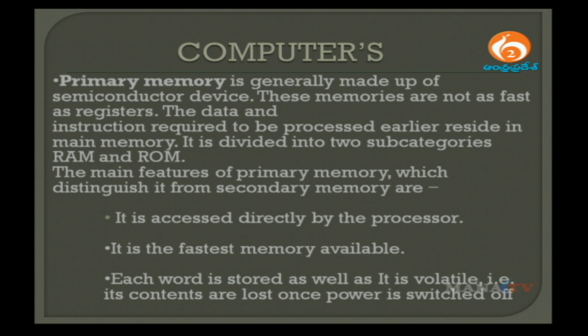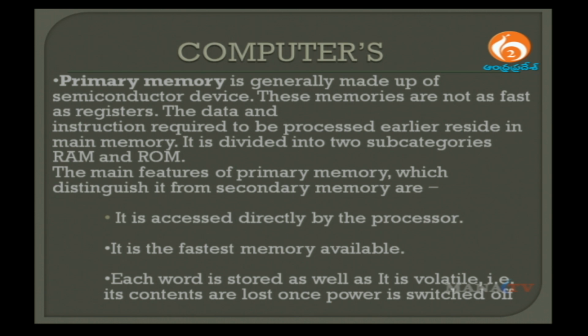If you can see here, primary memory is generally made up of semiconductor devices. These memories are not as fast as registers. The data and instructions required to be processed earlier reside in main memory. It is divided into two subcategories, RAM and ROM.